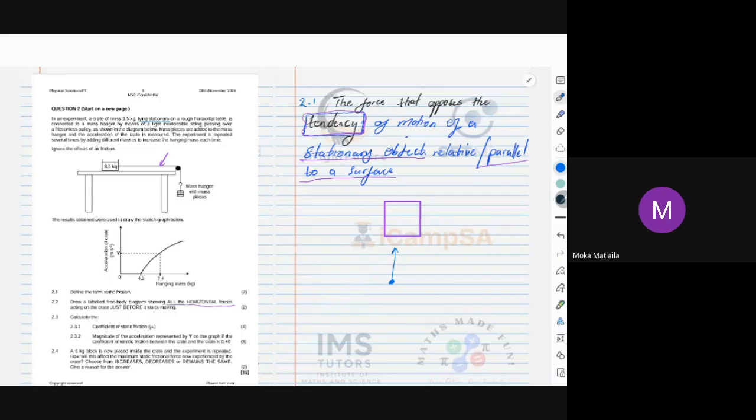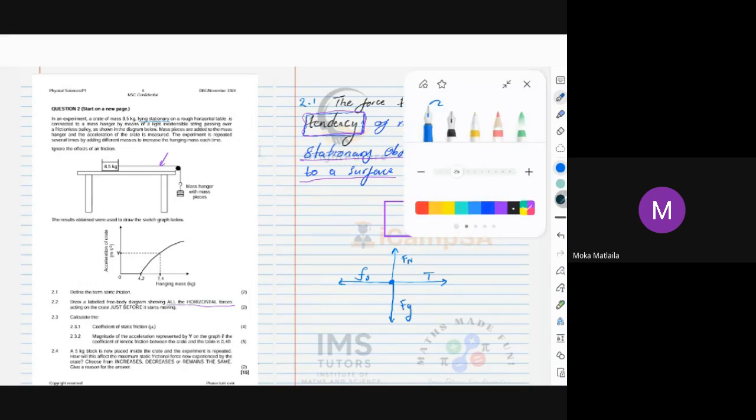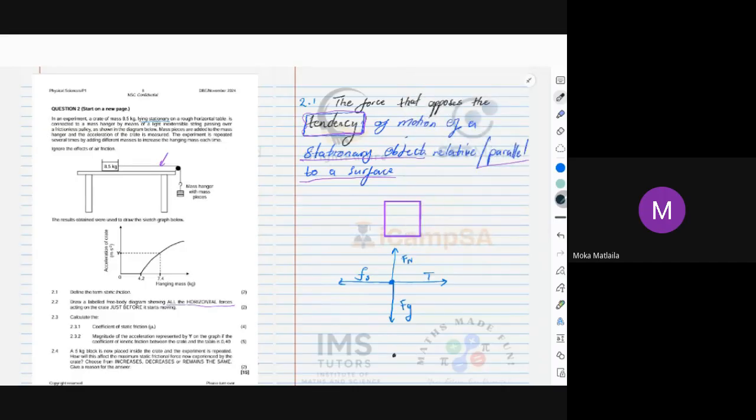You would have your normal force here. You would have your Fg, which is your weight. Then you have this force here, which is your tension, like this. Then you would have your static friction, like this, right? You wouldn't be wrong. You'd still be correct, but in this case they said they want all horizontal, so you can just put horizontal forces only.